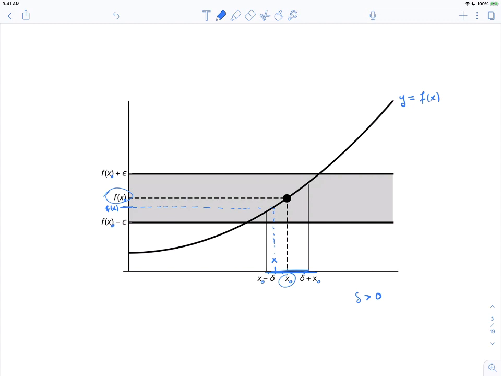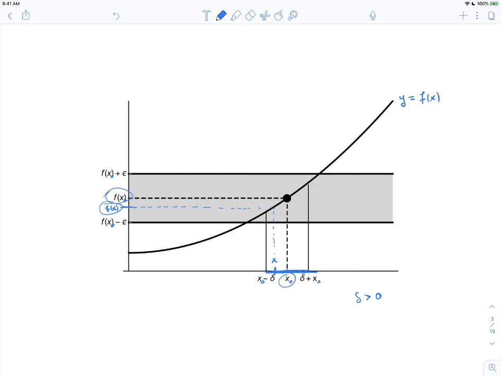The epsilon is given at the start, and you can think of it as your error term. And you want to choose a delta, which is a distance away from x0, so that any time x is within delta of your original x0, then the output value must be within epsilon of your original output f at x0. That's the idea behind the epsilon delta criterion.